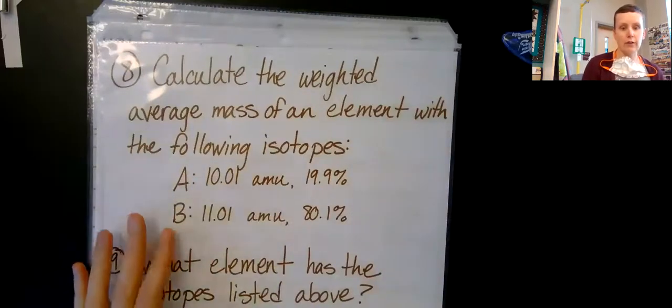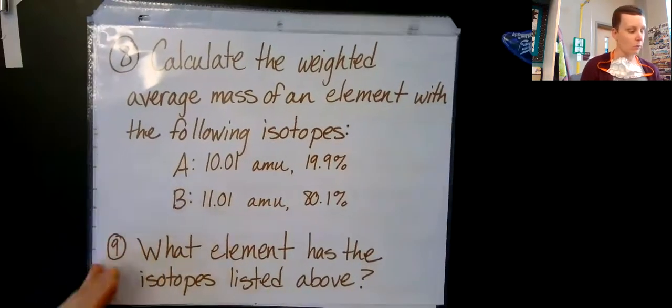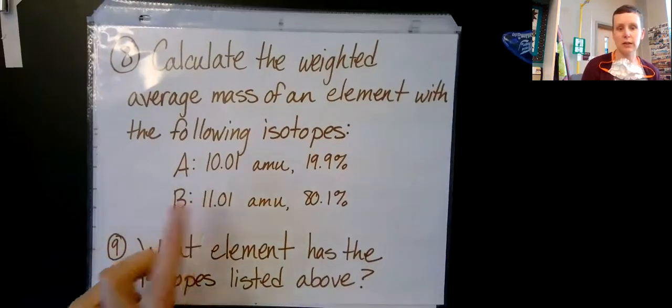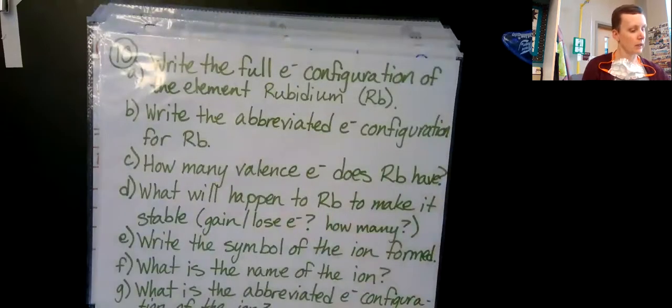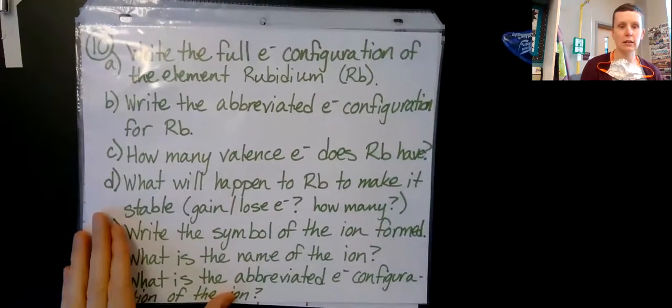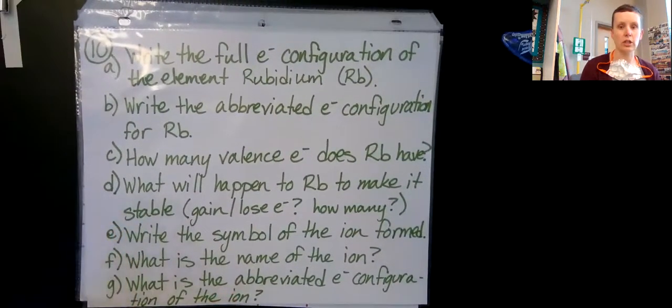Number 8, weighted average mass with 2 isotopes, and then what is the element? So this one's a little simpler because of the number of isotopes. Number 10 is the electron configuration and stability of rubidium through ion formation.